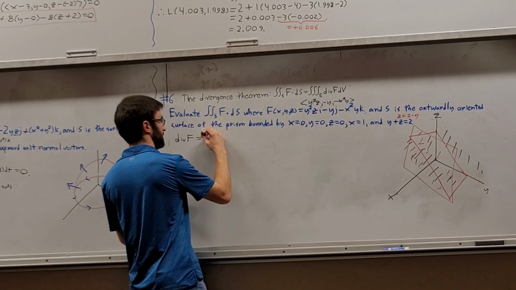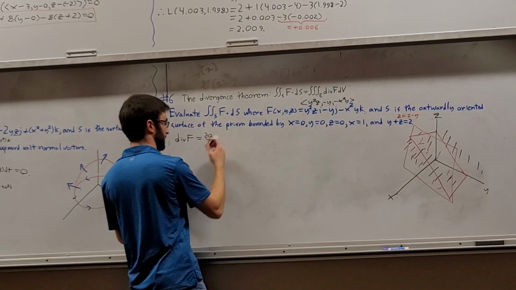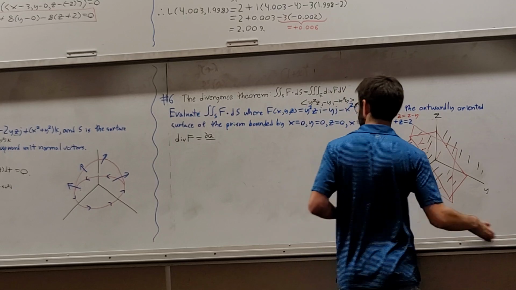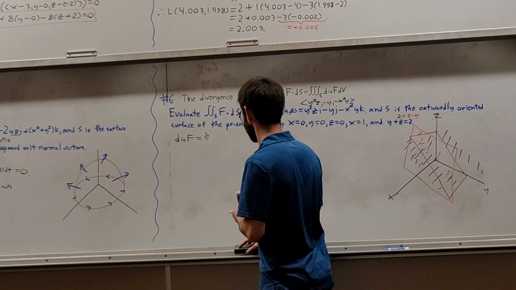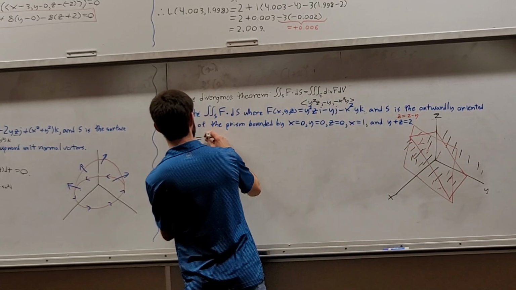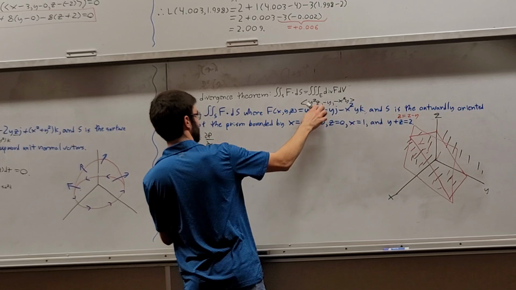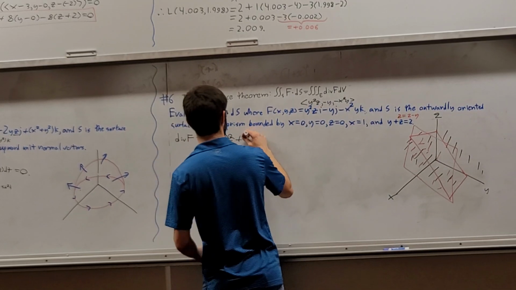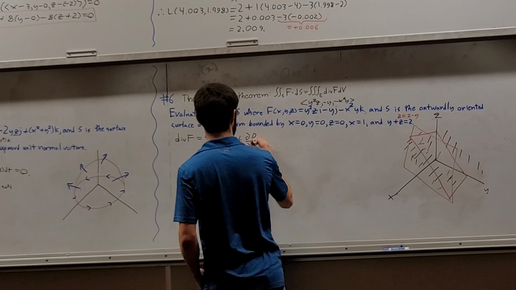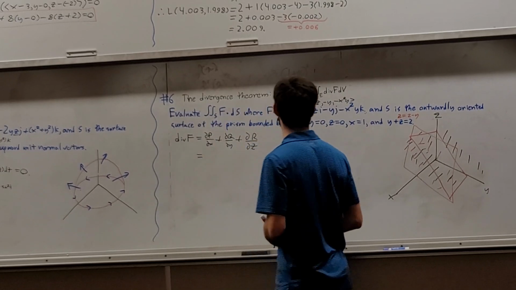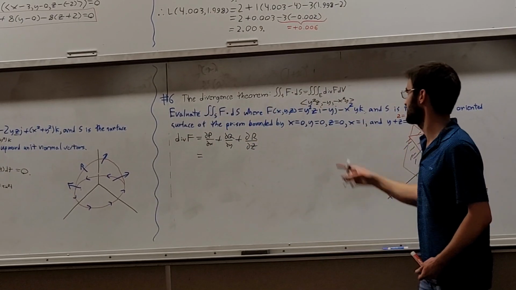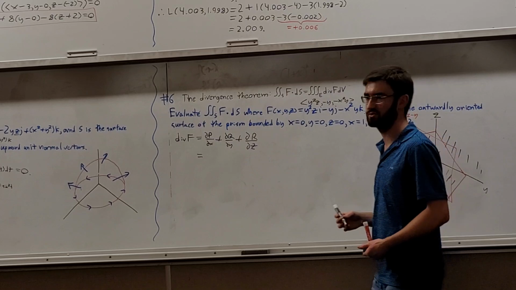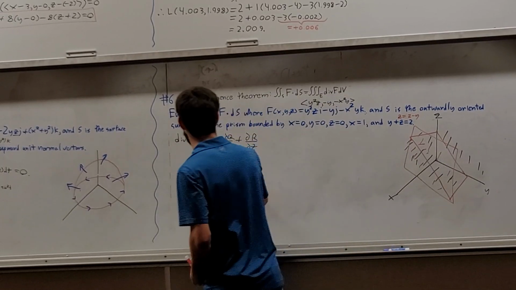So we take dp dx plus dq dy plus dr dz. In this case, p is y squared z, so there's no x, and the derivative with respect to x is 0.